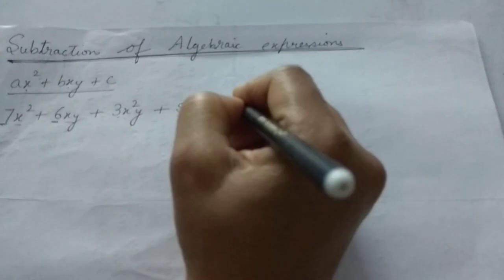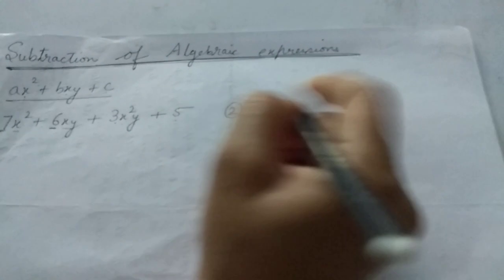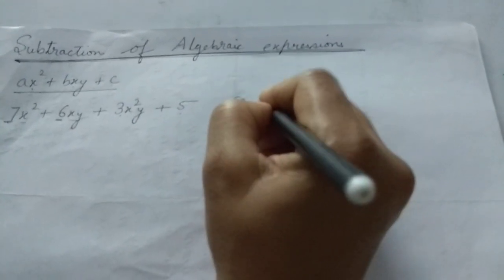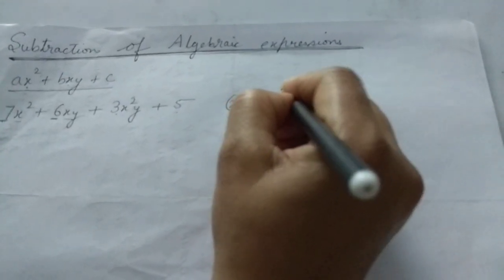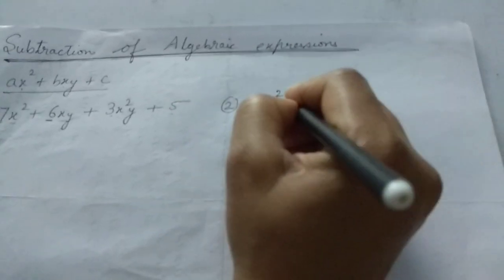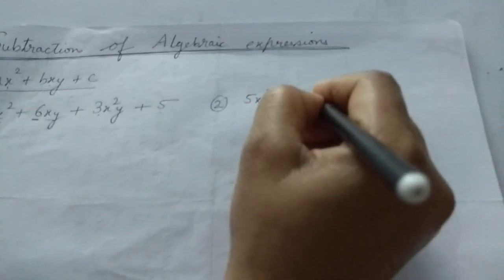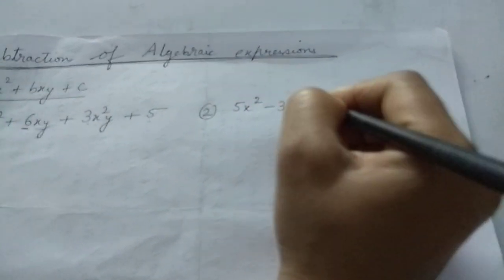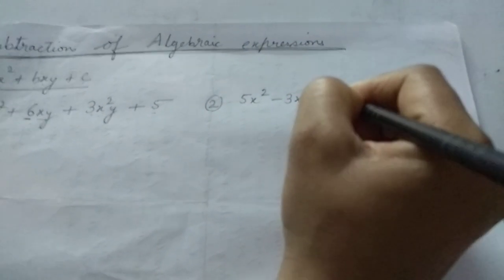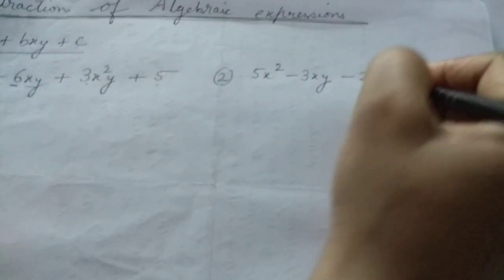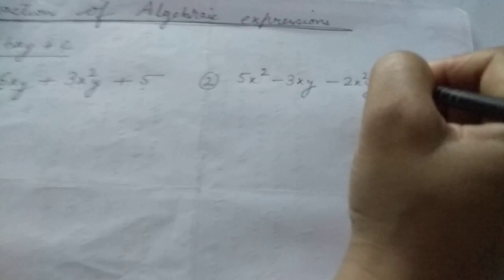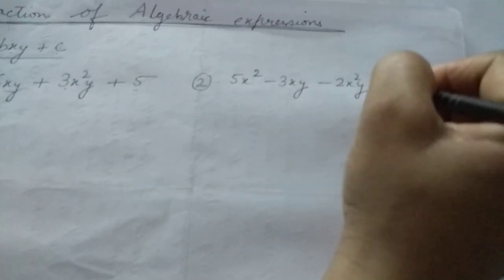So let's have another algebraic expression. Let's have 5x square. And let's have 3xy as the second term. And maybe we have 2x square y as the third term. And we have plus 7 as the fourth term.